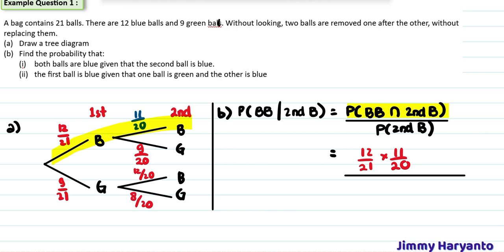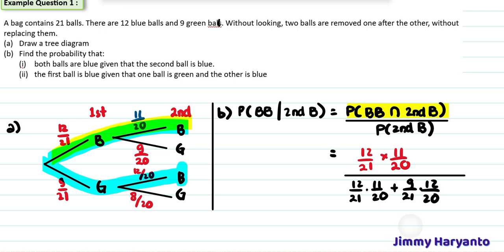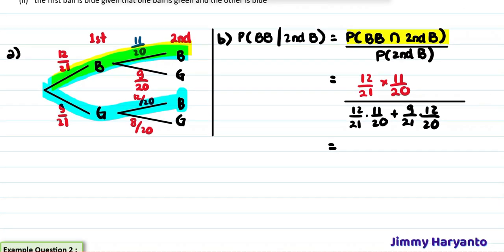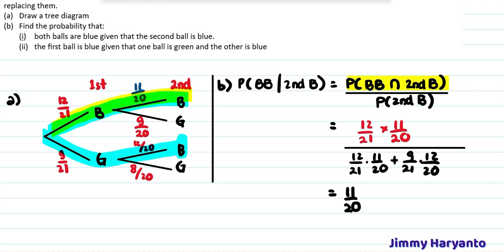For the second blue, you have to choose this one, and also this one, right? So you have to choose both of them. That means for the bottom part, you will have 12 over 21 times 11 over 20, plus 9 over 21 times 12 over 20, and then you only have to calculate this. And the final answer is 11 over 20. So this is how you do B(i).